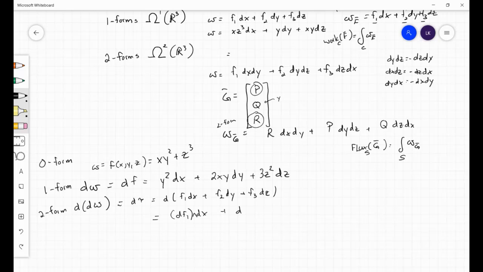I'll use the wedge product. Total differential of f2, and then you wedge it with dy. Total differential of f3, and you wedge it with dz.